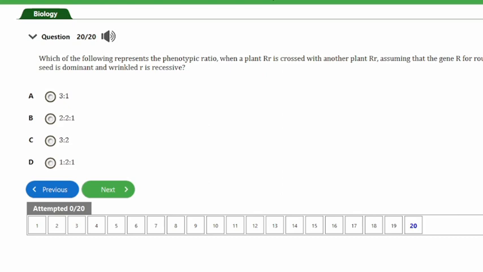So the first one there is the dominant homozygous, then the next two heterozygous, and then the last one is the recessive homozygous.